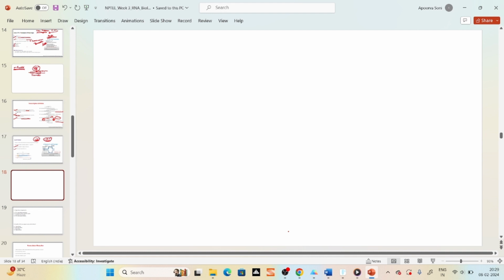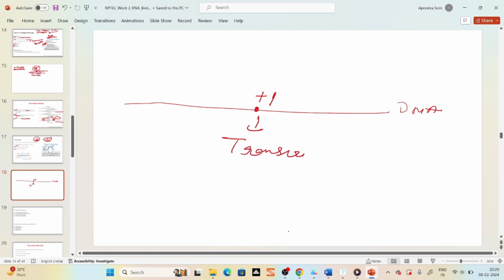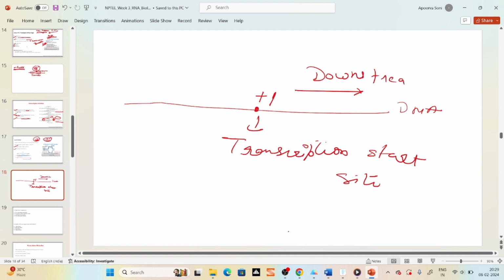So if this is your DNA template, this is your downstream, upstream.